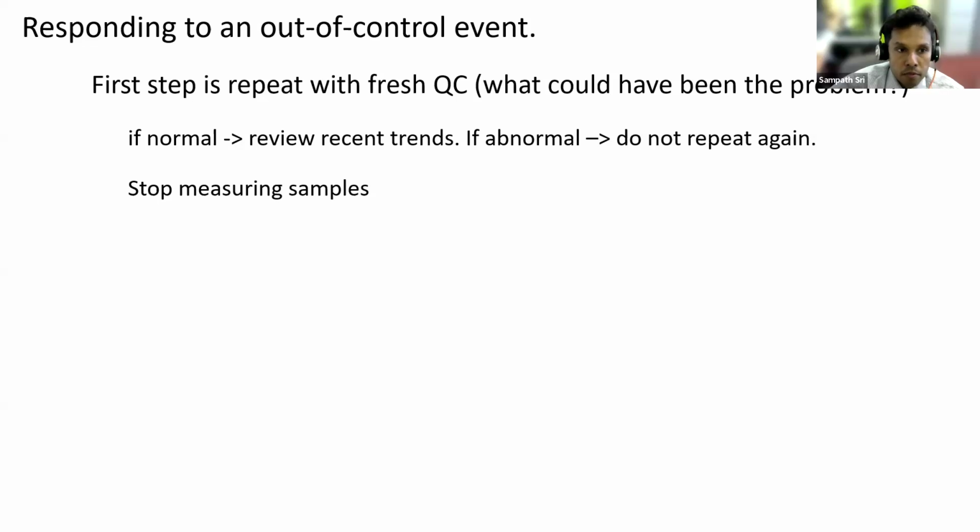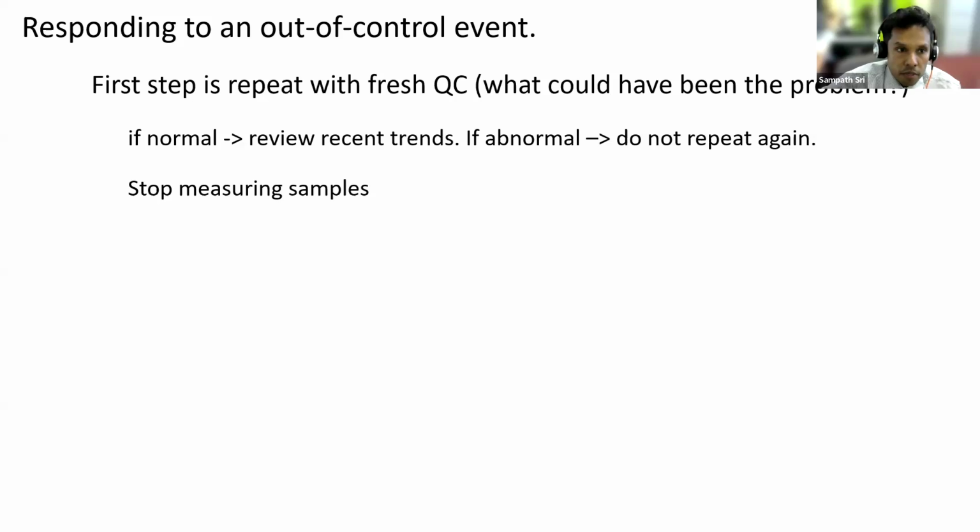The important thing in repeating QC is that we may have been using expired QC, or sometimes by mistake we can use a wrong QC level. When we are repeating, the person doing the test usually gives more attention to these random human errors. So it will help to identify if that is the cause.